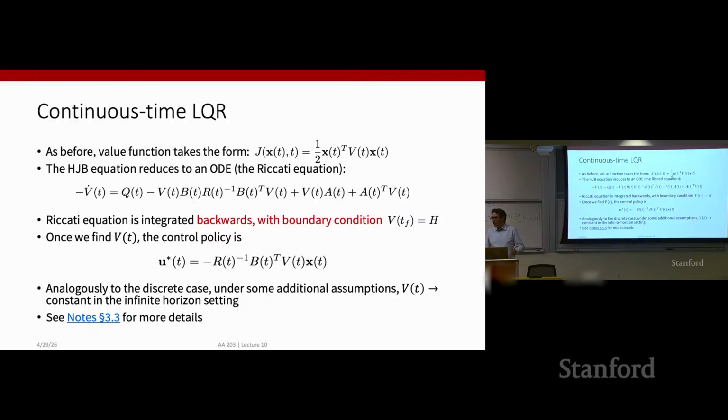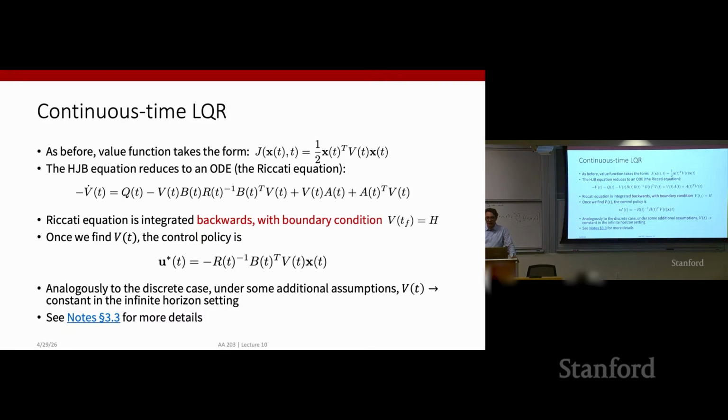That's how oftentimes you solve partial differential equations. You start with an ansatz, which is basically the cool mathematical term for a guess. So you start with a guess that your optimal cost to go is quadratic for some matrix V that you do not know. You plug it into the partial differential equation, and then you see if there are some conditions on V that make the partial differential equation satisfied.